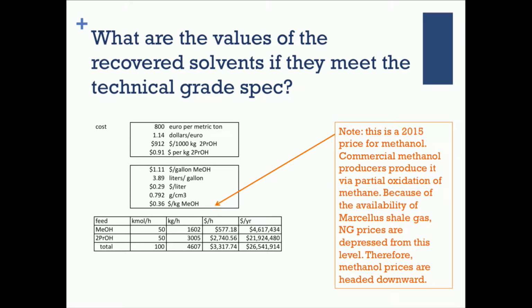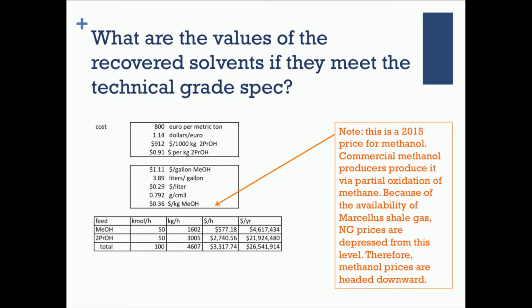In our particular case, we have taken a look at the prices. We do have prices for these recovered solvents if they meet the technical grade spec. So taking a look at the table, let's start with the table right here. This is the cost for 2-propanol or isopropanol.